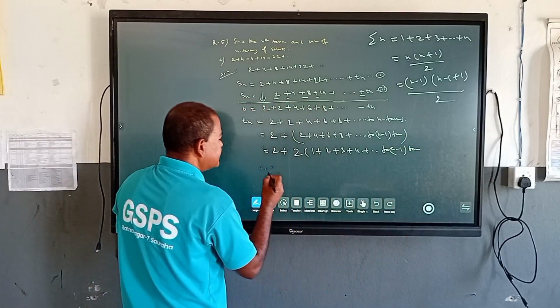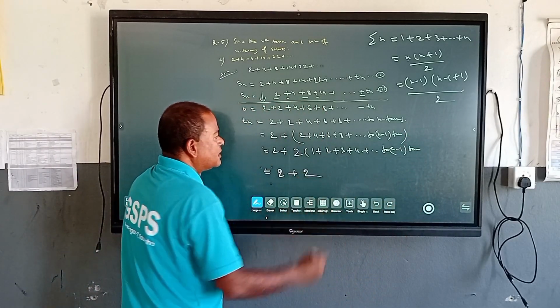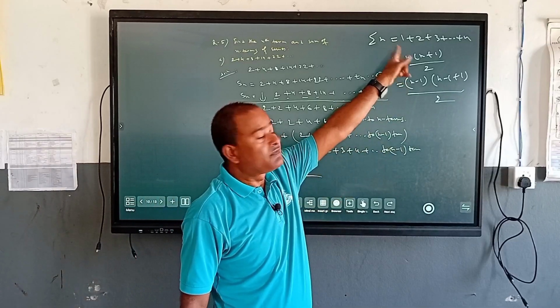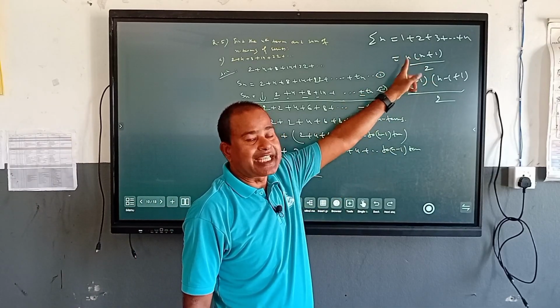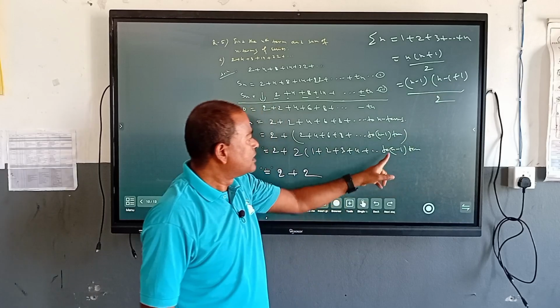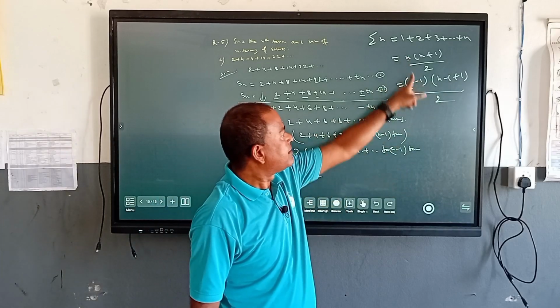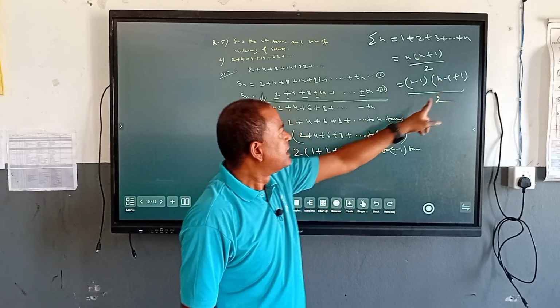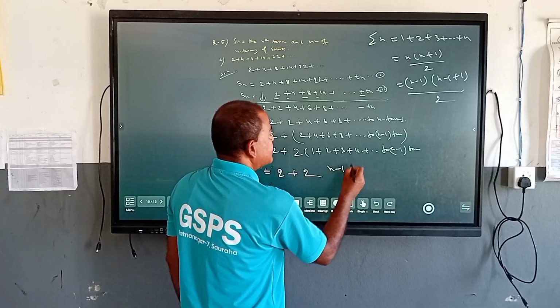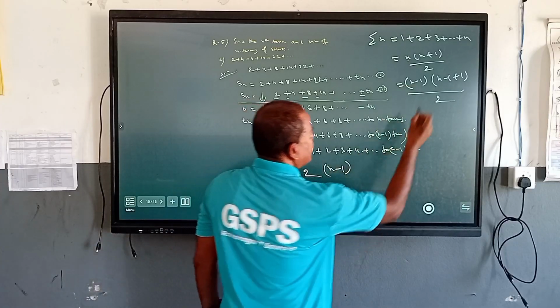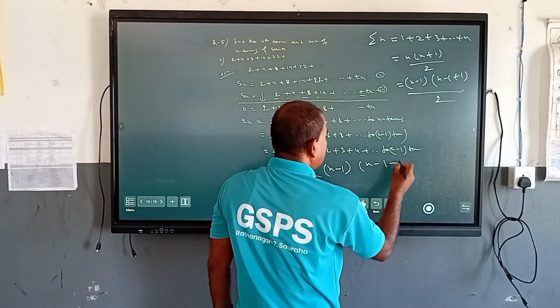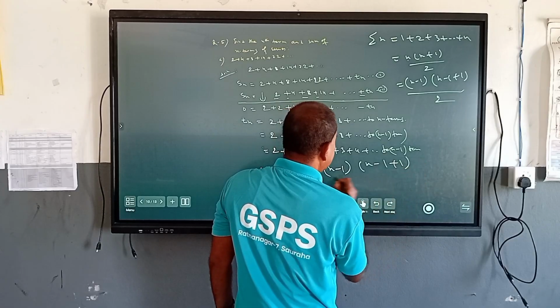So dear students, according to the formula of the sum of the first n natural numbers, the sum is n times n plus 1 divided by 2. If we put the number of terms n minus 1 in the formula, then we'll get n minus 1 times n minus 1 plus 1 divided by 2.